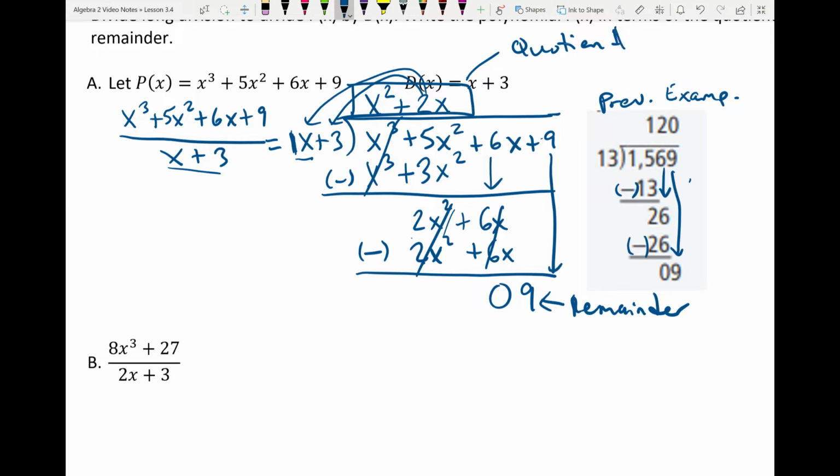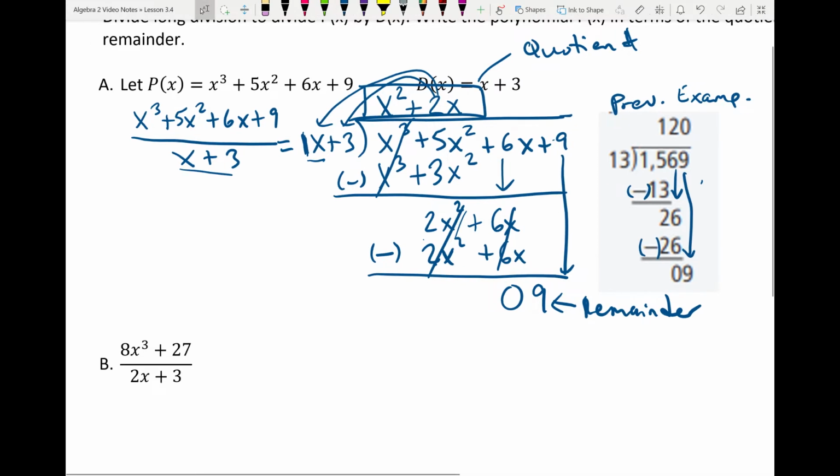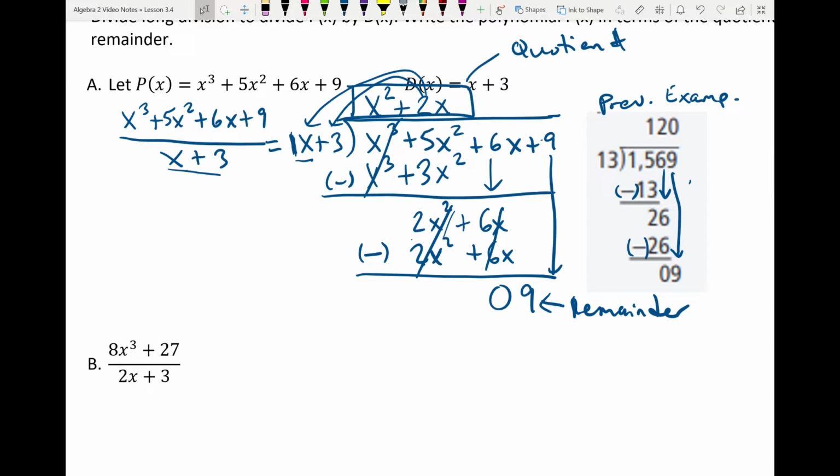So we're going to write the answer in both forms. We're going to write it in the product form and the quotient form. So if we write it in the product form, I'll call that 1. Here actually we'll write it out. So this is product form, and then this is going to be quotient form.